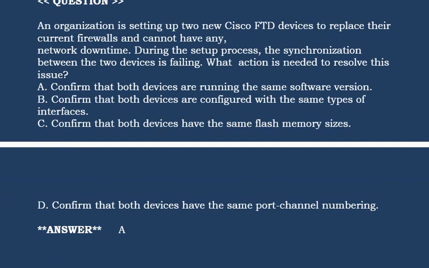Option A. Confirm that both devices are running the same software version. Option B. Confirm that both devices are configured with the same types of interfaces. Option C. Confirm that both devices have the same flash memory sizes. Option D. Confirm that both devices have the same port channel numbering. Correct answer is option A.